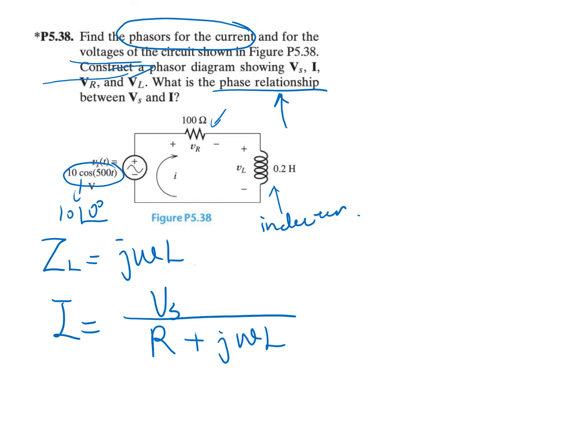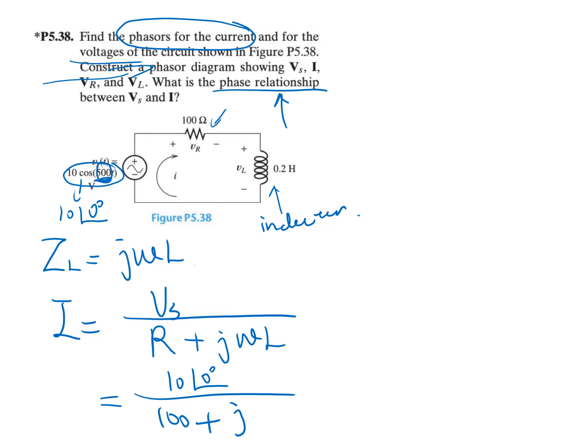Let's substitute the numbers. Vs is 10 at an angle of 0 degrees over R, that is 100 ohm, plus jω, where ω here is 500.